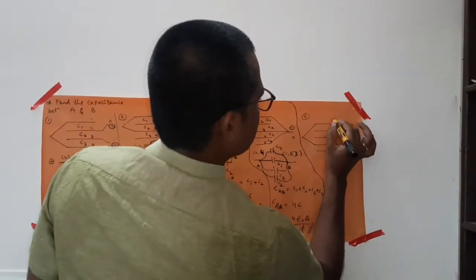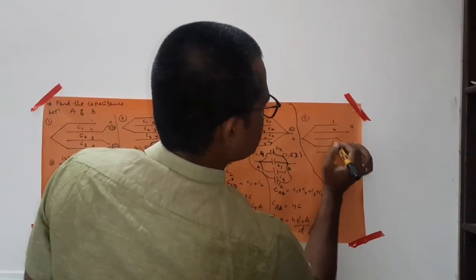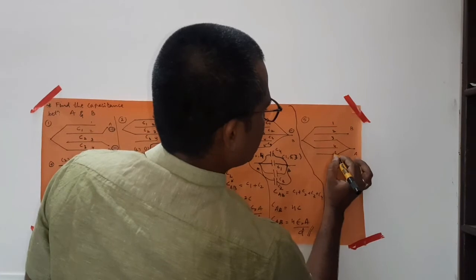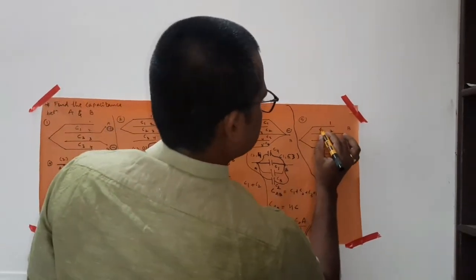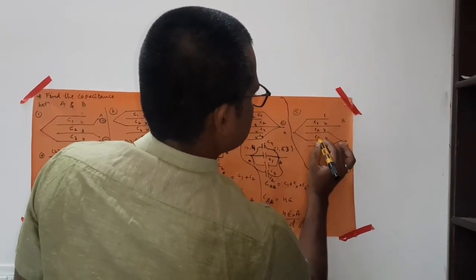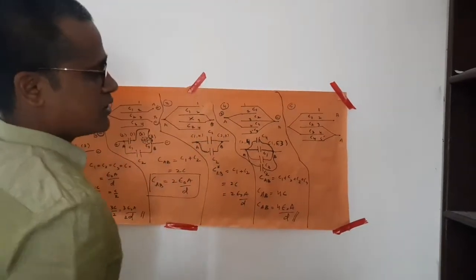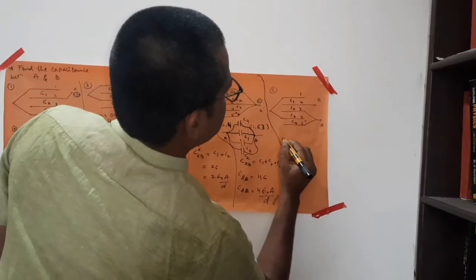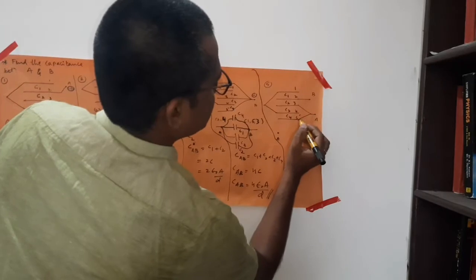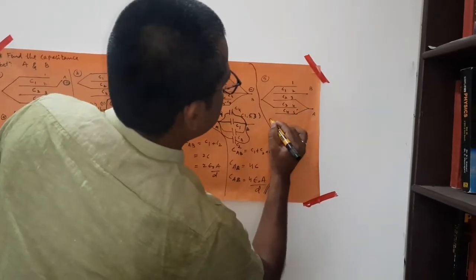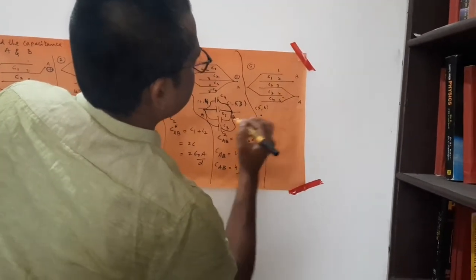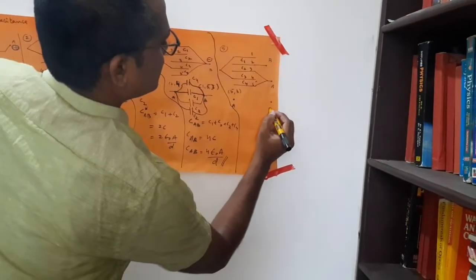In the same way, call the plates 1, 2, this is 3, 4, 5. Again call the capacitors C1, C2, C3, C4. Now again, A I will take here. A has been connected to plate 5 and plate 3. I will take 5 here and 3 here. I will take B here.